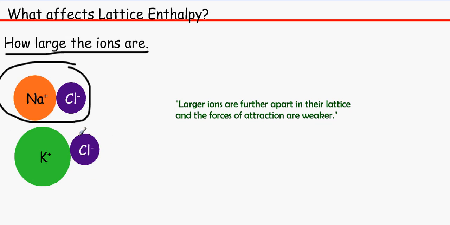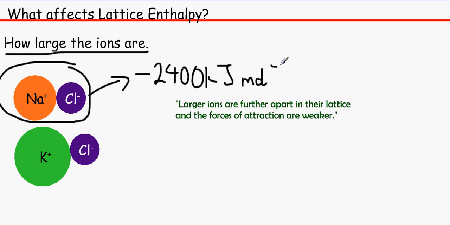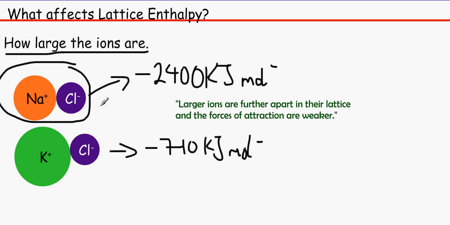I know that's not a very good analogy, but this lattice enthalpy will be larger than this one. So that's minus 710, that's minus 2,400. Remember, we're giving off more energy over here than we are over here. Let's say that the K doesn't want to give off all its hamburgers.